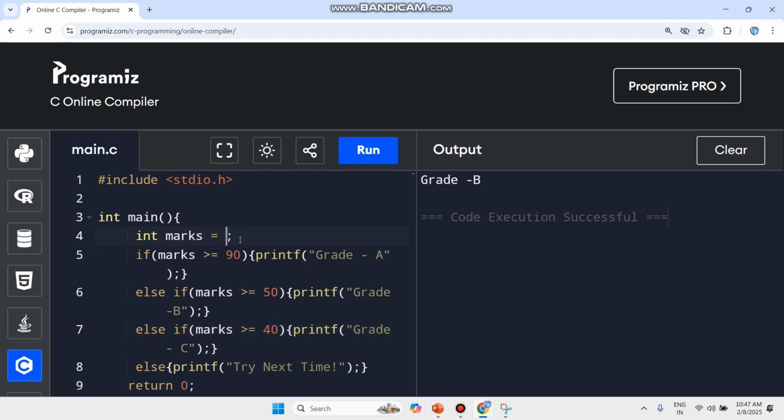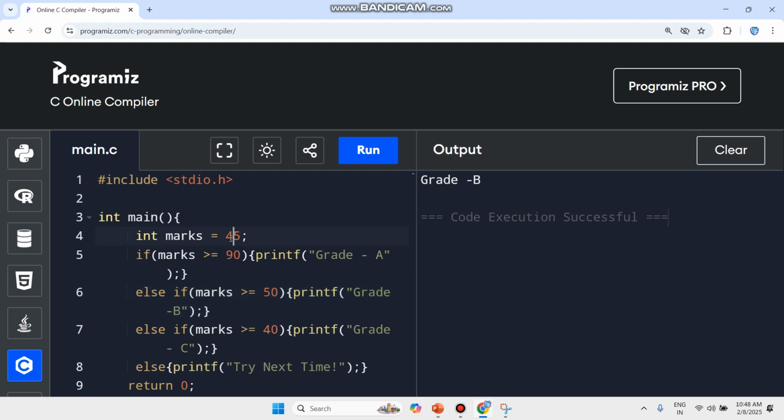Okay, if I'm getting 55, what grade will come? B only. So it's working perfectly. I am using 55. 55 is more than 50, right?